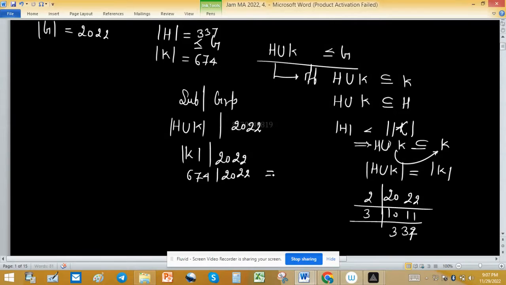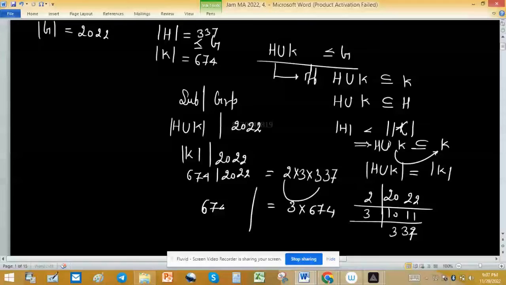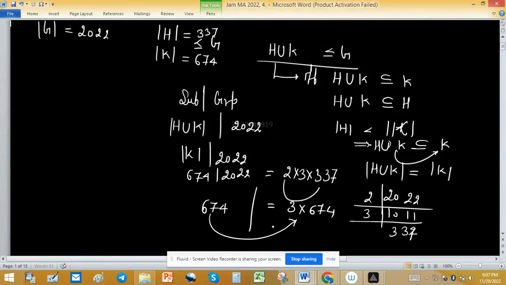So 2022 can be written as 2 into 3 into 337. And if we multiply 3 by 337, we are getting 1011, and obviously 674 divides this one. So it is perfect.